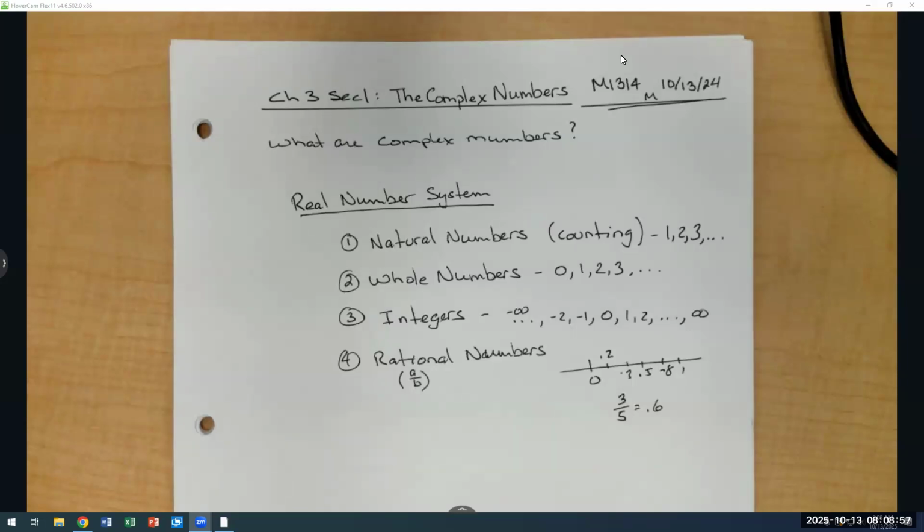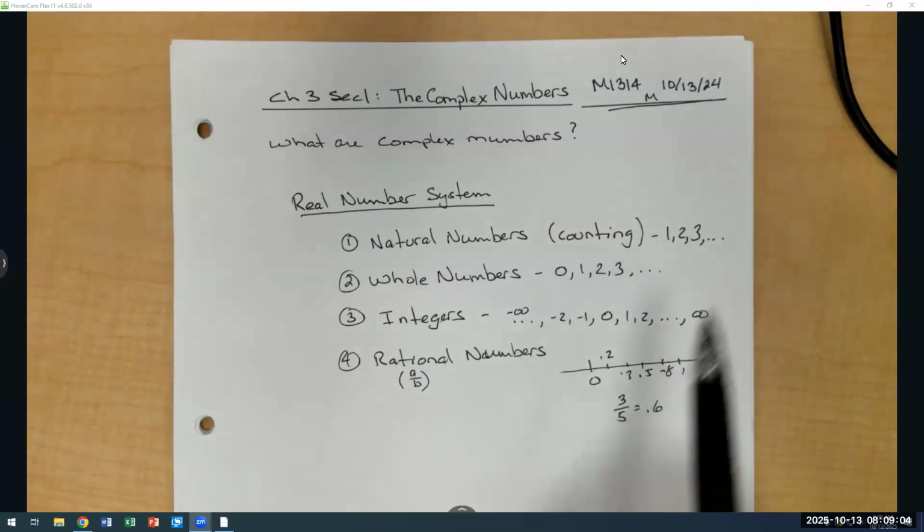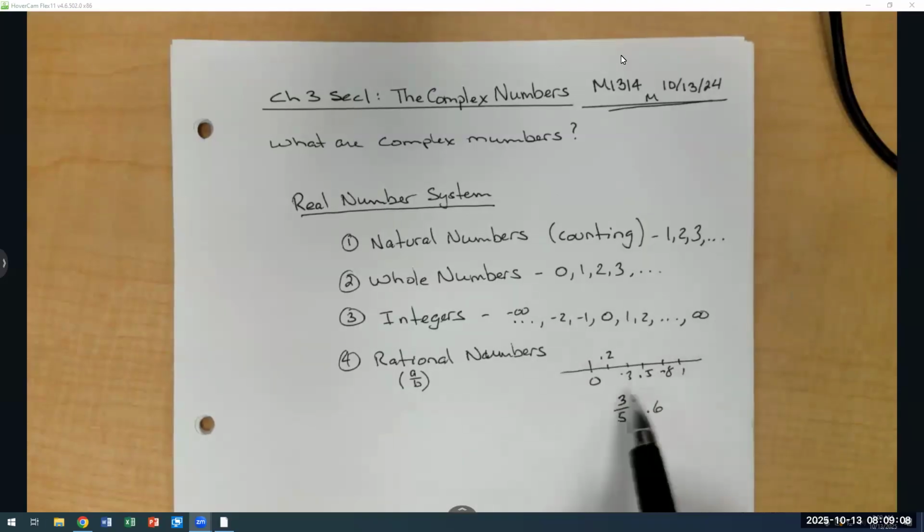What comes next? So we have the counting numbers. We have 0 and the counting numbers. We have the negatives and the counting numbers. We have everything between them. What comes next? Yes, this is where the complex comes in.